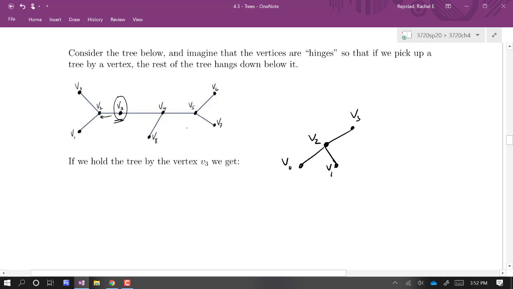And then on the other side I've got V4, from V4 I've got V8, and then V5, and then hanging down below V5 is V7 and V6.